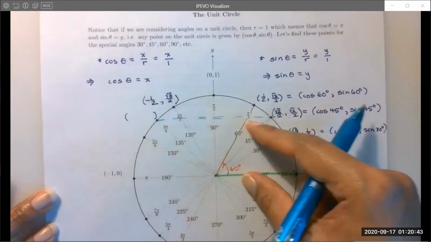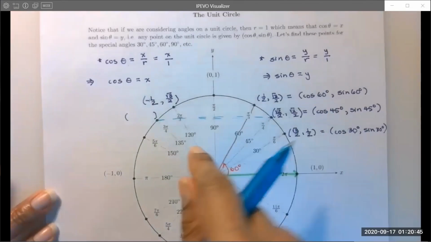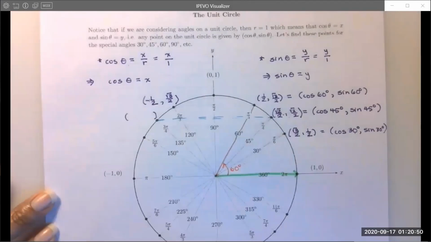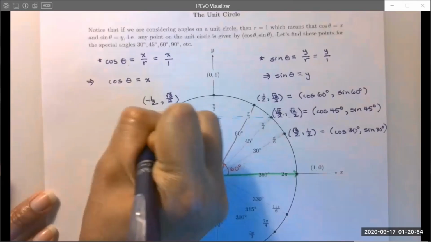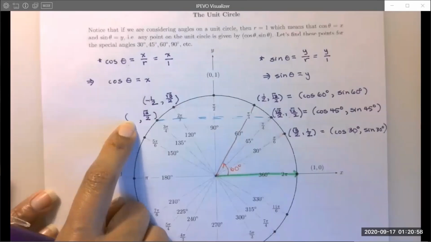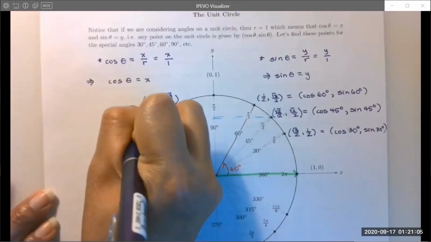And if they have the same height, what does that mean about the y-coordinate? They're the same. It has to be square root of 2 over 2. What about x? It would be negative square root of 2 over 2. Good.